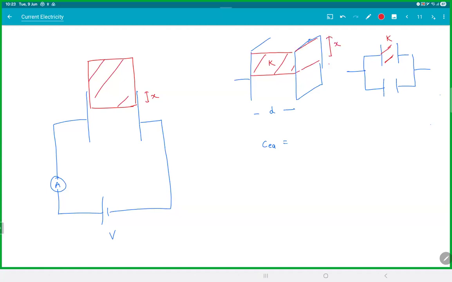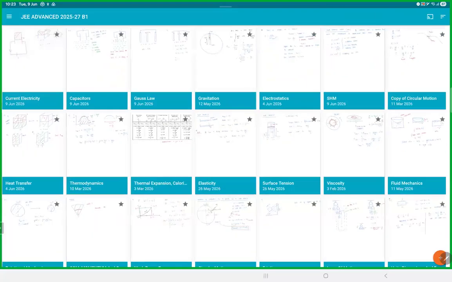This is X, D minus X, and this is A. So the capacitance would be A X K epsilon by D. The second one will be A into A minus X, into epsilon by D. It is exactly the same thing, everyone.